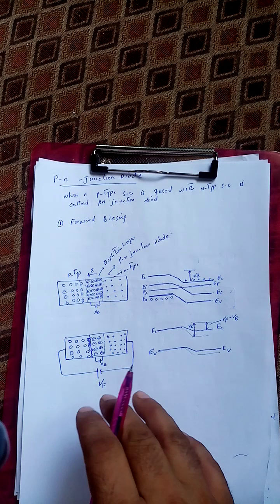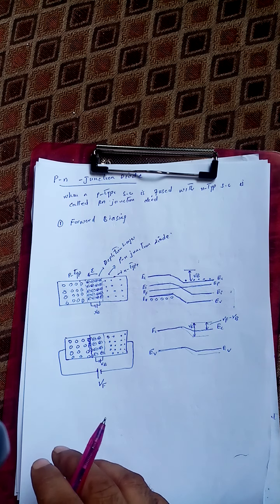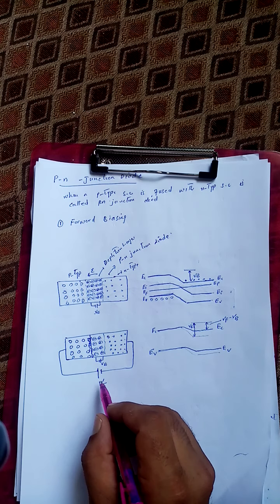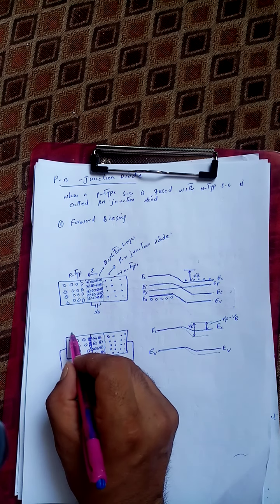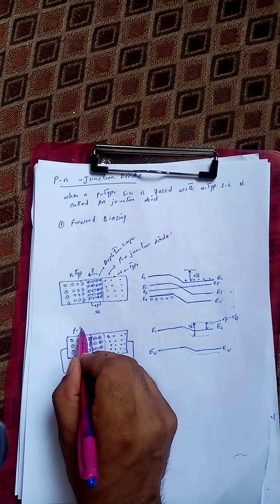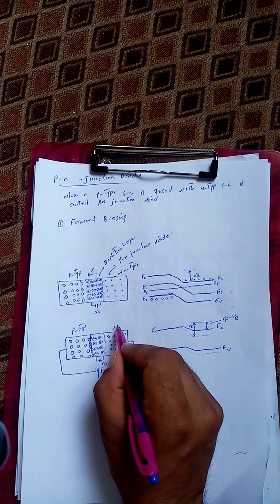Now what is meant by forward biasing? Forward biasing means that the positive terminal of an external battery is connected to the p side of the diode, and the negative terminal of the battery to the n side.